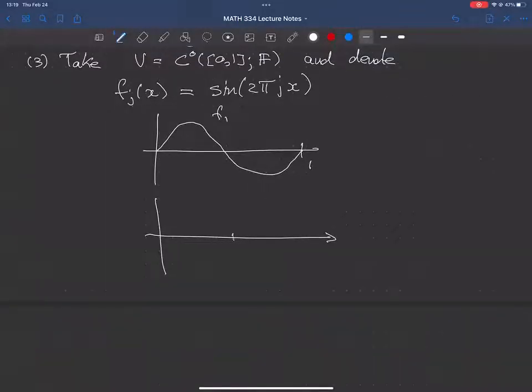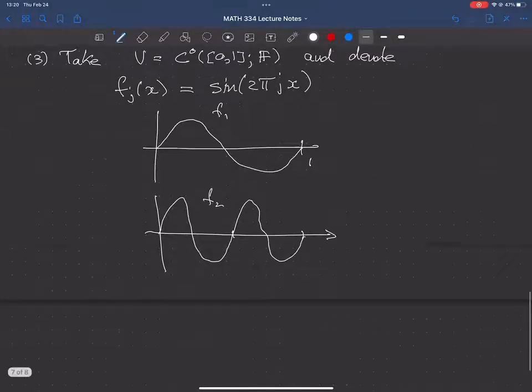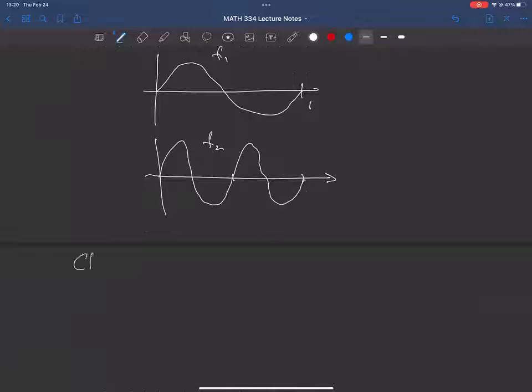So it's going to look like, if I can draw it without making too much of a mess, like that. Okay, so this is f_2, and so on. So I claim that this infinite collection of functions is linearly independent.